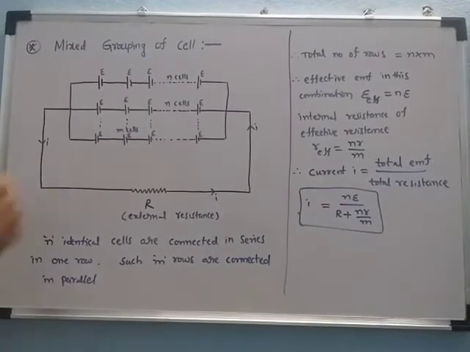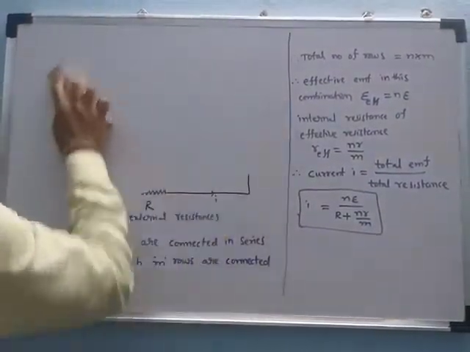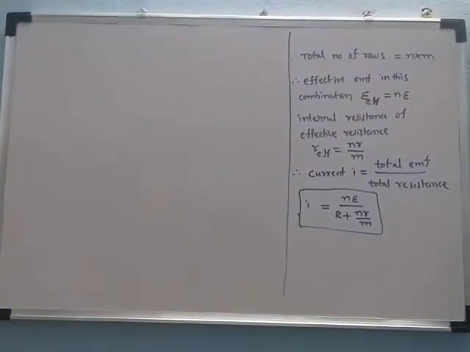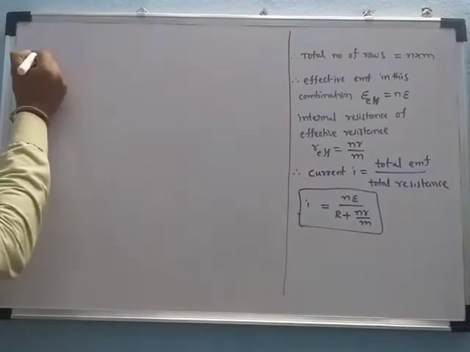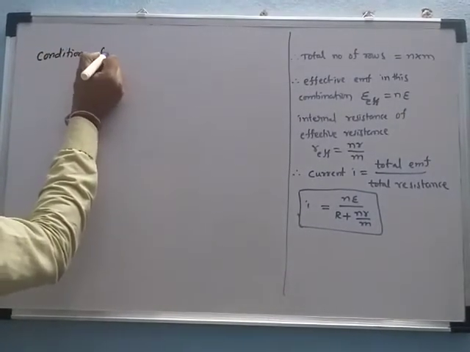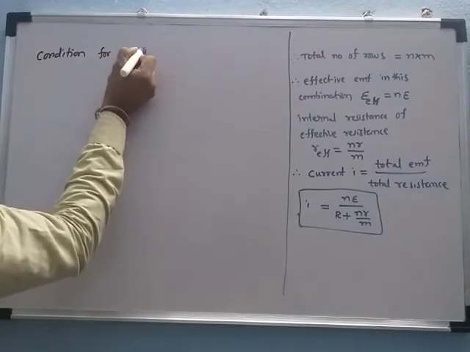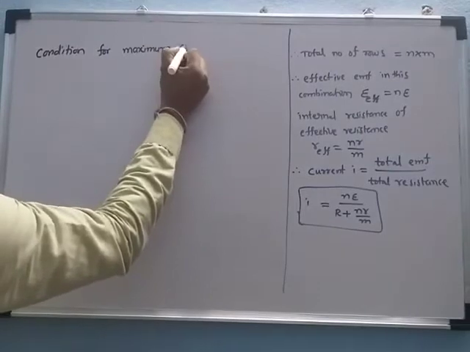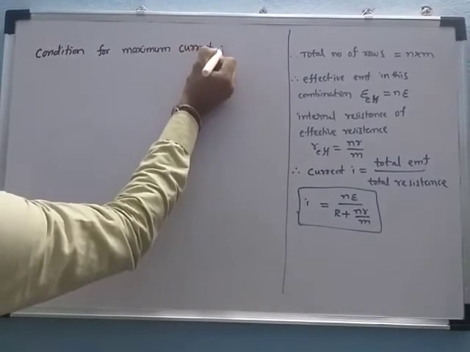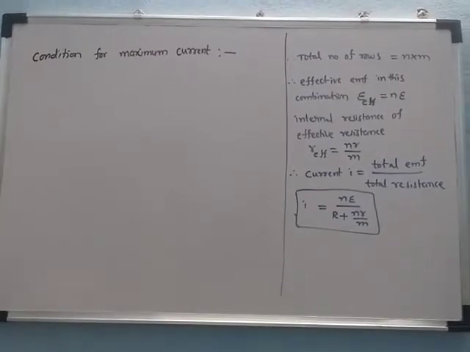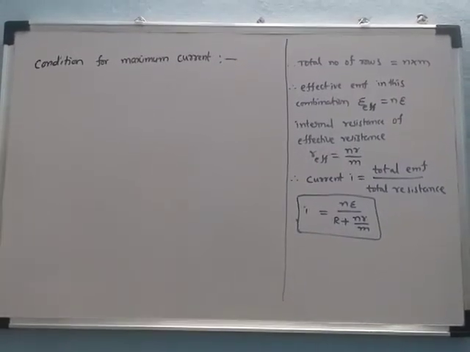Now, as a continuation, we discuss the condition for maximum current in mixed grouping of cells.